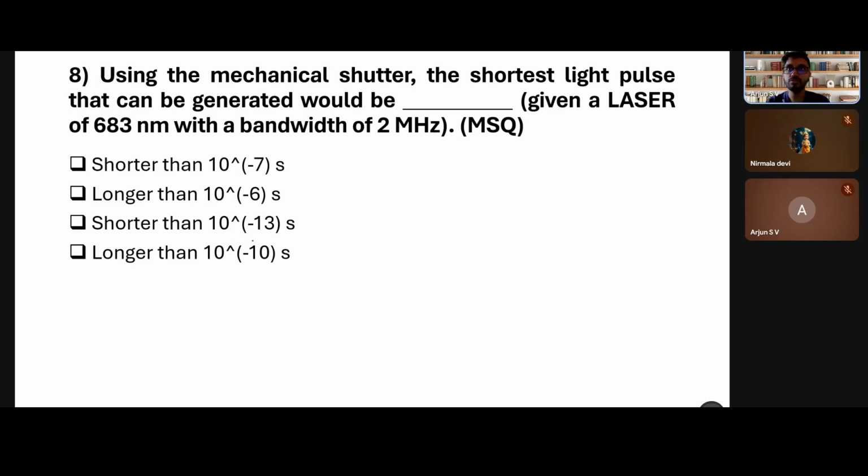Okay, so we'll proceed to discuss the answer. We know the formula of the relationship between the duration of the light pulse being generated and the bandwidth of the laser, where delta t represents the duration of the light pulse and delta nu represents the bandwidth of the laser.